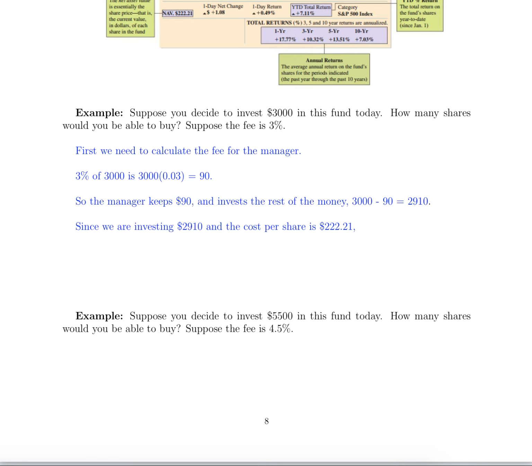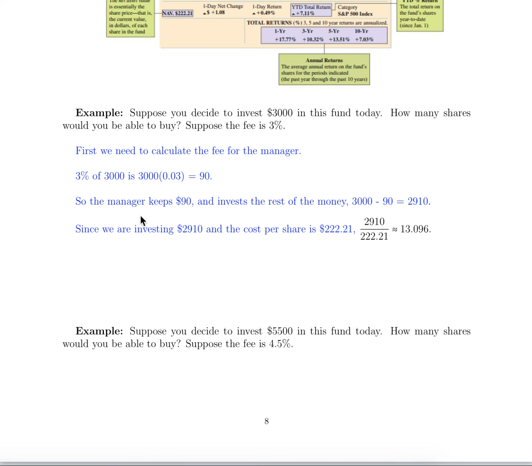So since we're investing $2,910 and the cost per share is $222.21, how do we figure out how many shares we can buy? So we're spending $2,910 per share, 222.21. Generally per means divide. So that means we'll have 2,910 divided by 222.21, which approximately is 13.096.